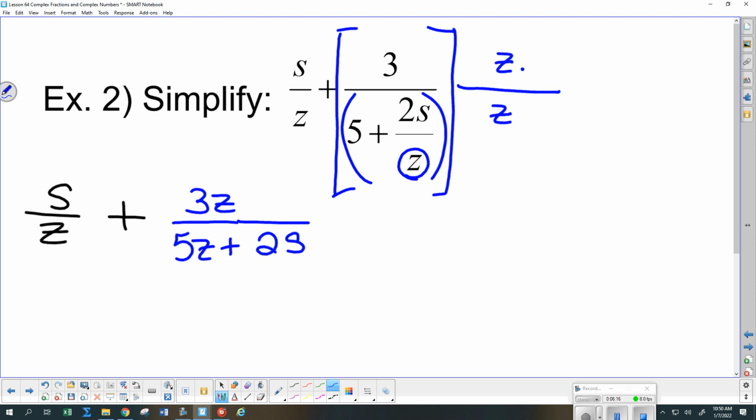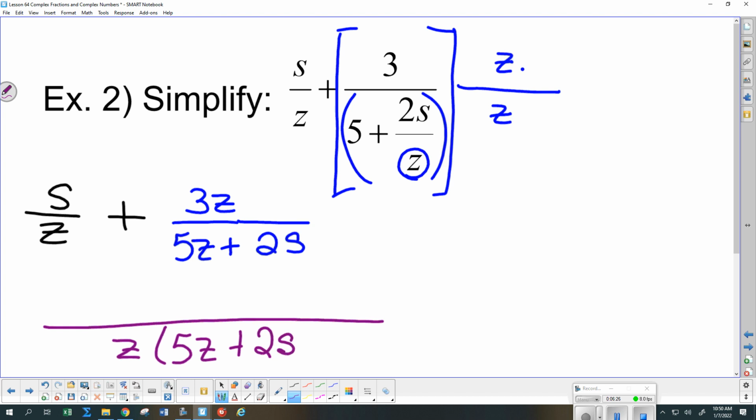Okay, now I need a common denominator, which is going to have to be z times 5z plus the 2s. Everybody okay with that's what our common denominator has to be? They don't share any factors. So this one I have to multiply by 5z plus 2s, and it's not okay to say I do that.